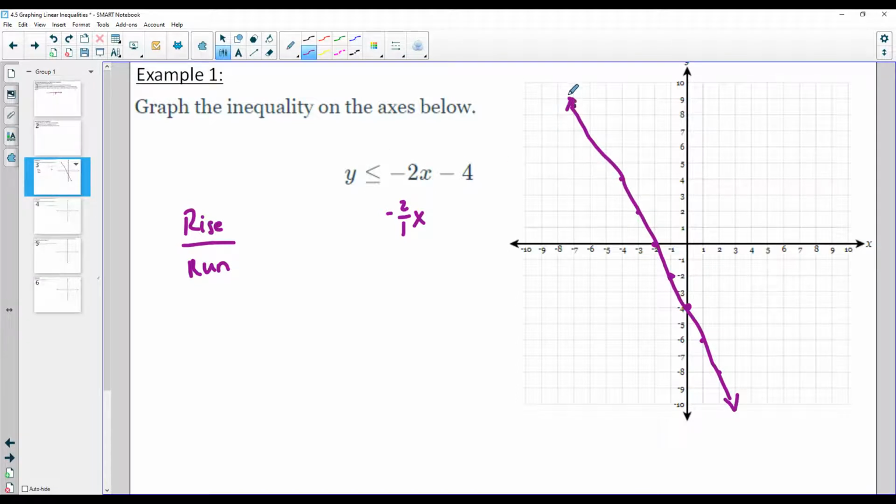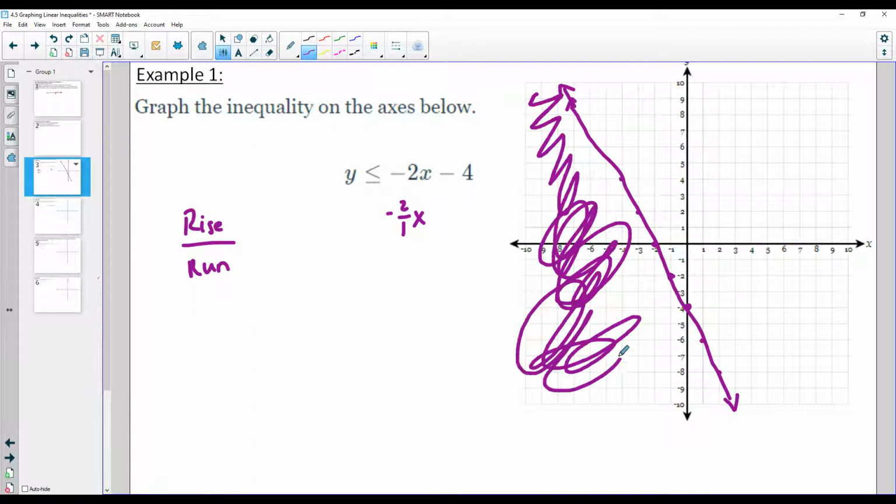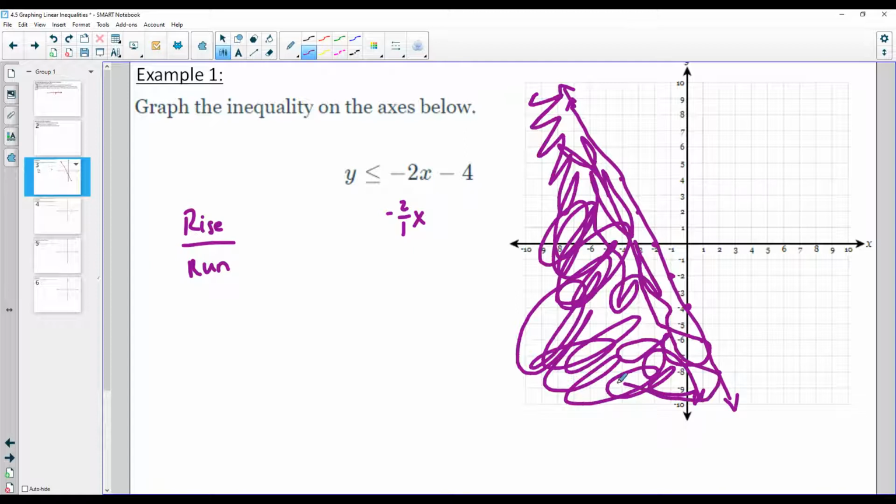All the y values less than that are going to be underneath the line, so I'm going to shade in everything underneath this line. All the points on this line and all the points in the shaded area going on forever are solutions to this inequality, right? If you really wanted to check, you could pick a point on this line or in the shaded area and plug it back in, and it should work out.